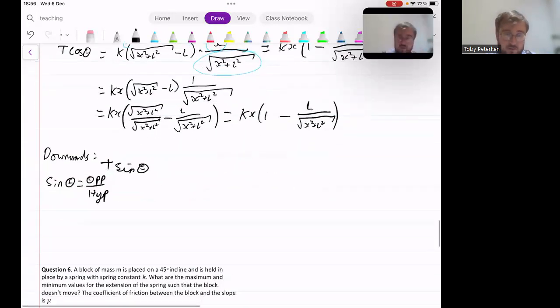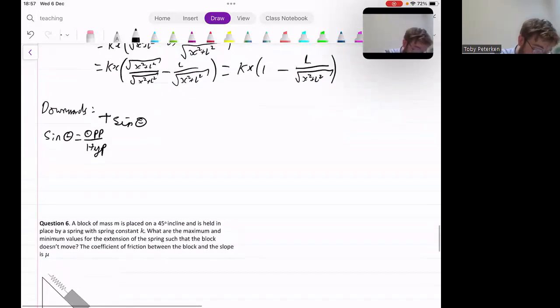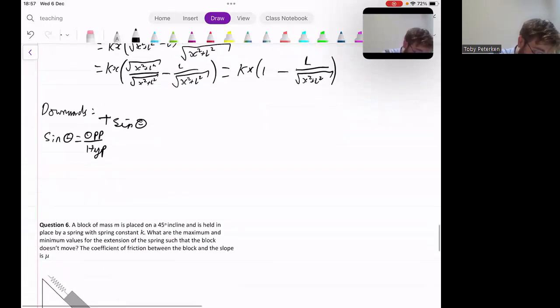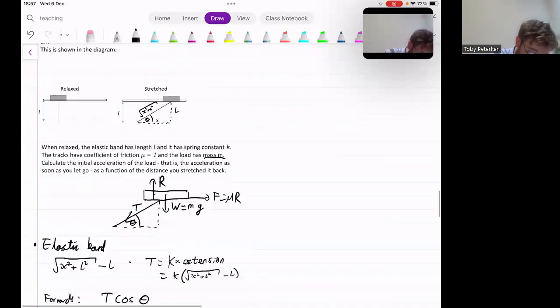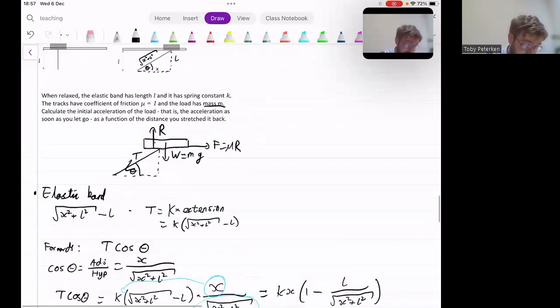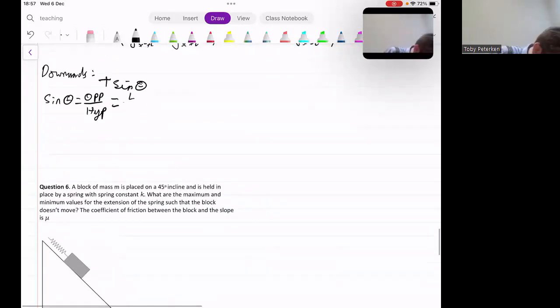Okay, let's go back. So in order to calculate sine theta, we do opposite over hypotenuse, and the opposite is L. So this gives us L over the square root of x squared plus L squared.